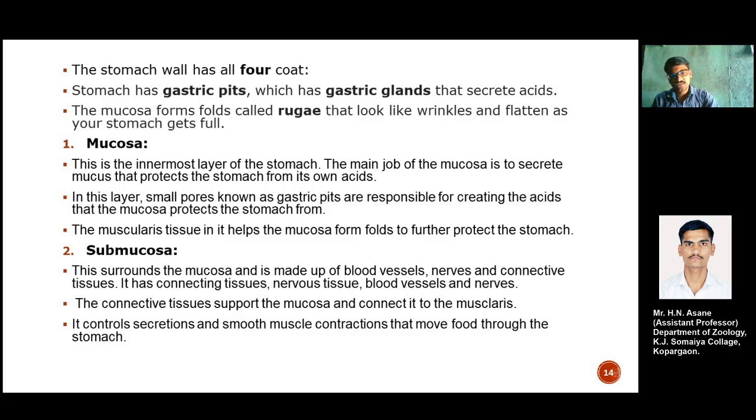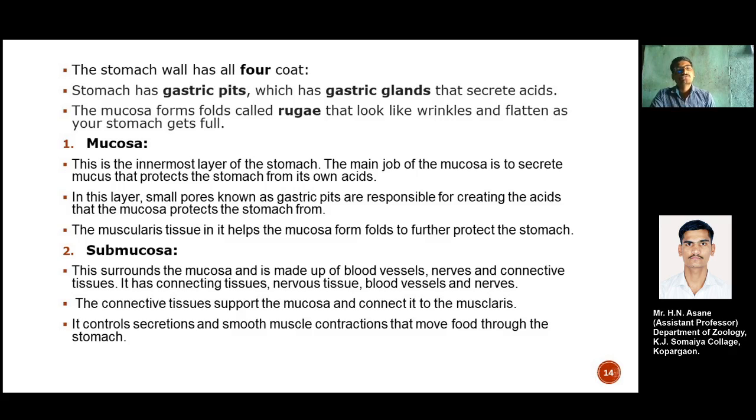Next, the second layer will be the submucosa. It surrounds the mucosa and is made up of blood vessels, nerves and connective tissues, as well as nervous tissue for control and coordination, the signal transmission.